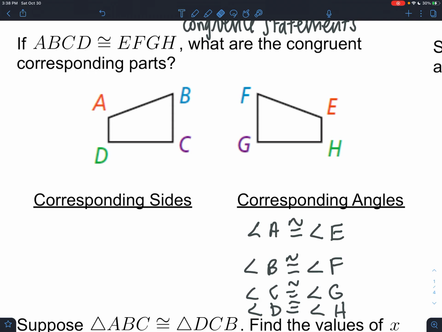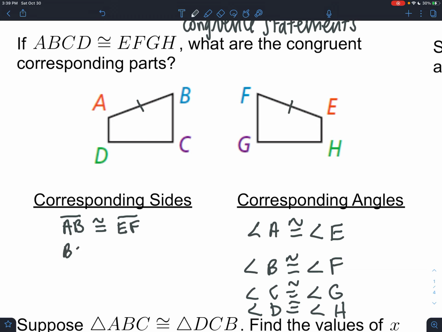Corresponding sides are actually the same thing. You just go in order. For example, the first two letters on the first one should be equal to the first two letters on the second one. What I mean is this and this, those sides should be the same in length. We call those congruent sides. What that means on the picture is that this length is equal to that length.